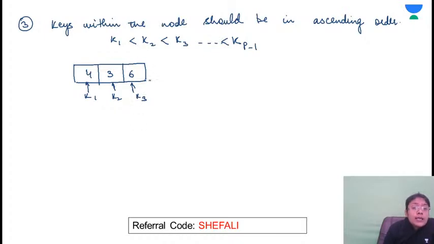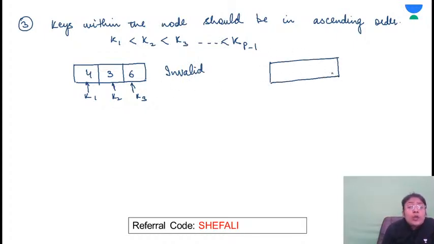This is not in the ascending order, so this is invalid. What will be the valid order? It must be, doesn't matter in which order they are inserted, but it must be in the ascending order. This is a valid node. So the keys within the node should be in the ascending order.